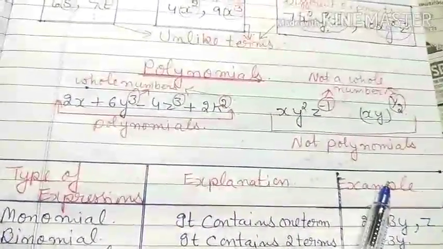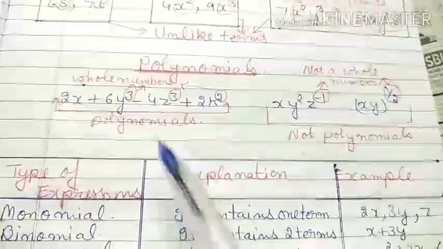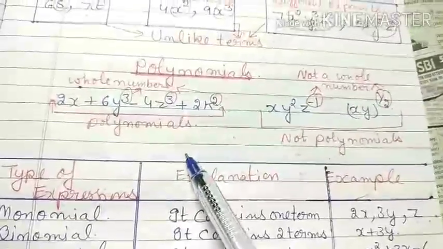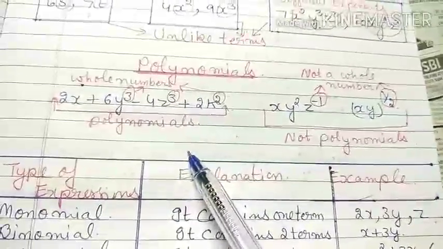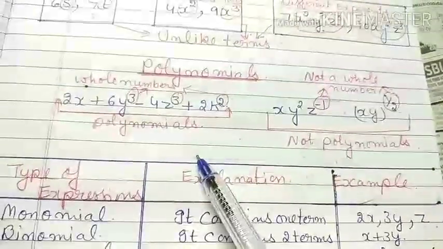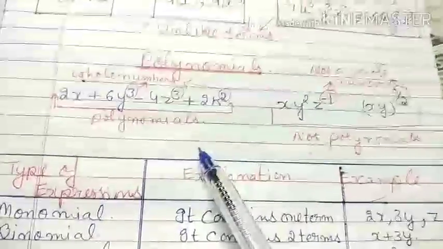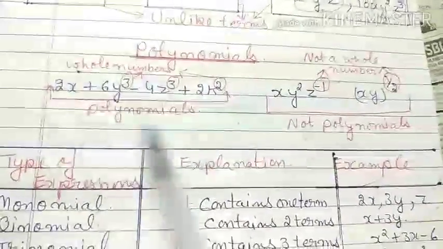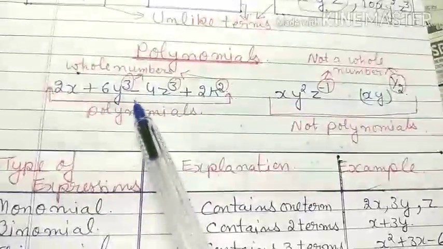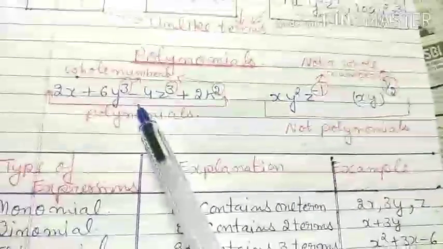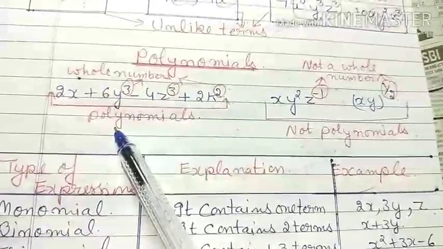Next is polynomials. Now what actually is a polynomial? A polynomial is an algebraic expression containing one or more terms with at least one non-zero coefficient, provided the variables have whole number exponents. Or we can say that in any expression, if the variable is raised to a power that is a whole number, we consider it a polynomial.